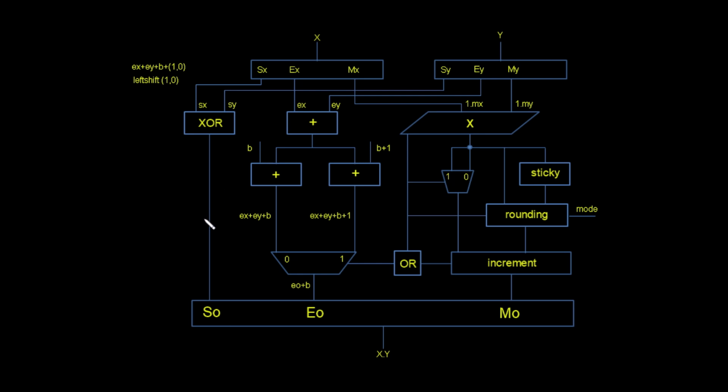Now this is split into three sections. The first thing we'll have to deal with is the sign, and then we're going to have to deal with the exponent, and then we're going to have to deal with the mantissa. Now we said for the sign what we have to do is take the sign of the values x and y and exclusive OR them, and this will give us the sign of the output.